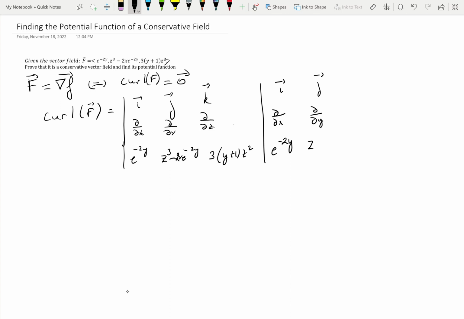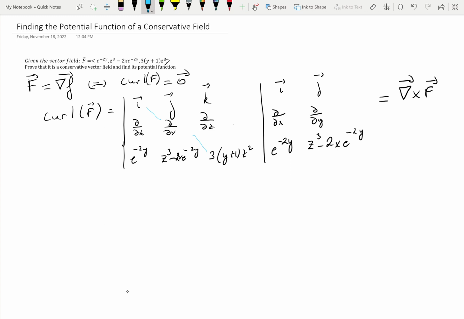So let me rewrite this. And also remember, this is the same thing as the cross product of the gradient with the vector field. So the first diagonal here is the partial with respect to y of 3 times y plus 1 times z squared.